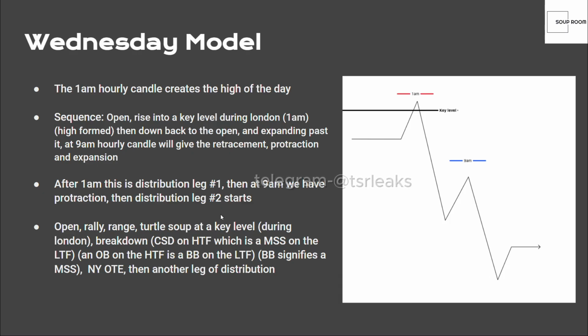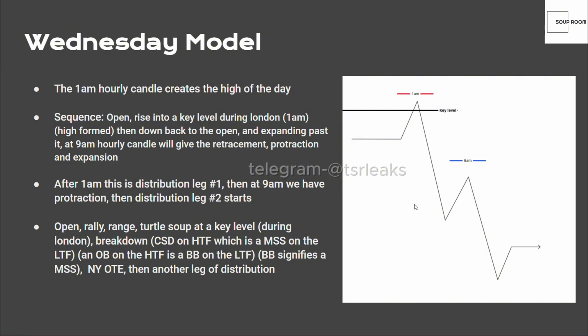So once again, open, rally, range, turtle soup at a key level, breakdown. During the breakdown, we will have a change in state of delivery on the higher time frame.